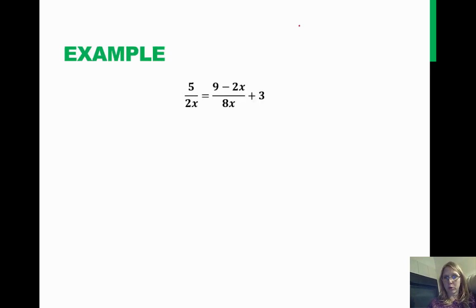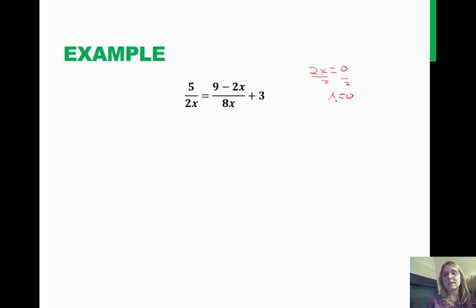Now, let's look at one more example of this. We have some x's on the bottom, so we know that we have limits here with our domain. And what I want to do is look at that right now before we even start this problem. 2x, if I set that equal to 0, what would x have to be in order for the bottom to be 0 here? Well, if I divide both sides by 2, I have x equals 0.